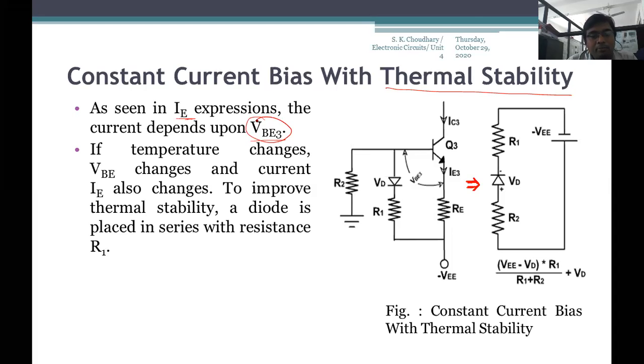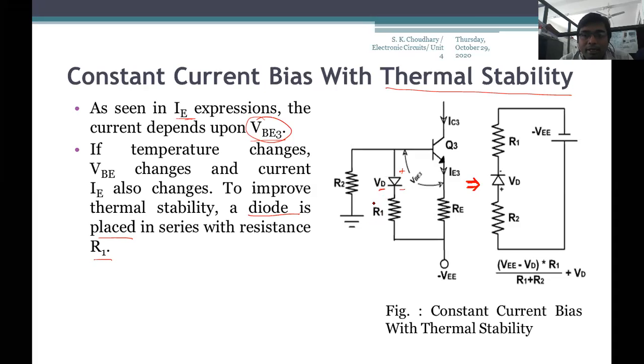To improve the thermal stability, we have made a modification: we have connected one diode in series with the resistance R1. You can see here we have connected the diode. The voltage across the diode is VD, in series with R1 in the voltage division network of Q3.